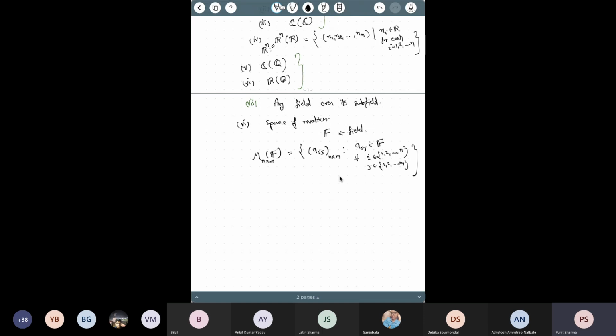What else? Real symmetric and skew symmetric matrices, polynomials up to degree n over R. So let us write the first one. Some said that space of all symmetric matrices. Right? What do you mean by symmetric matrix?